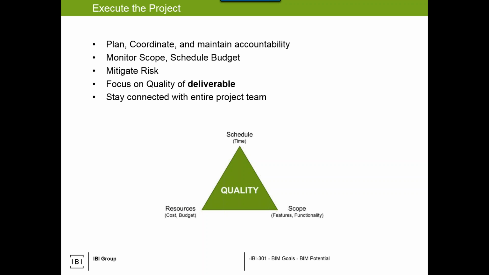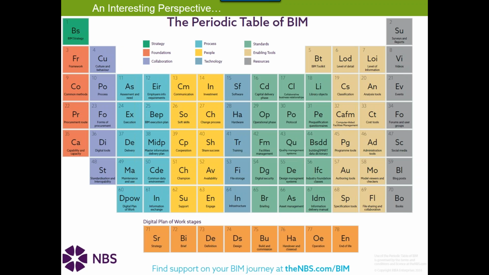There's a lot of stuff there, but I just wanted to put that all to the forefront. Last slide here, this was actually something I saw on LinkedIn from NBS in the UK, and I thought how interesting this is. They put together a periodic table of BIM, and there's a lot of good stuff. A lot of what I talked about is in here. Element 1 is your strategy, surveying, so your existing conditions, framework.